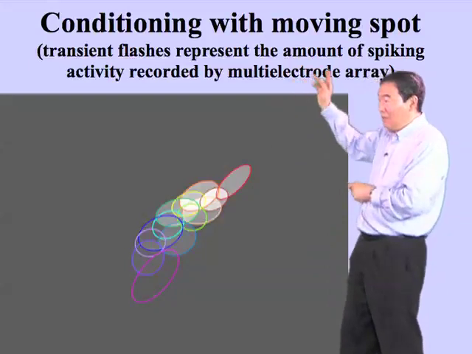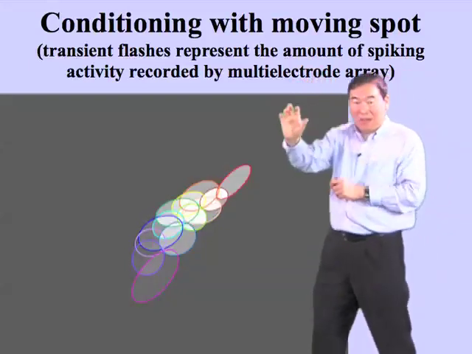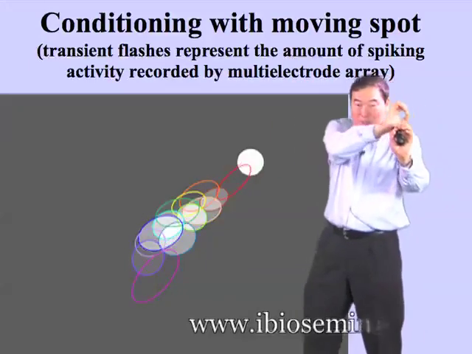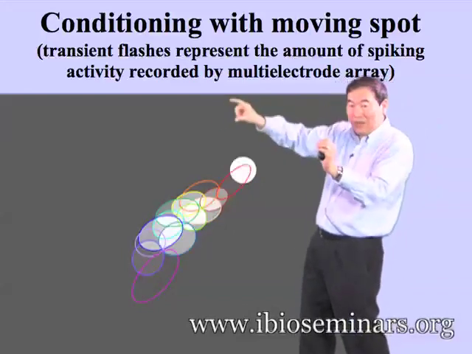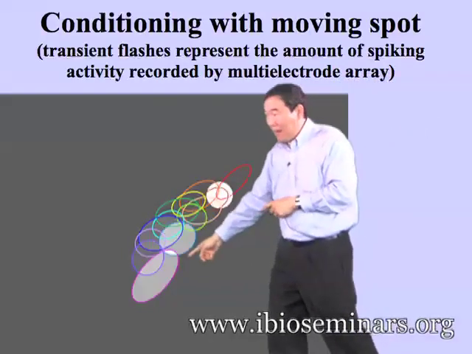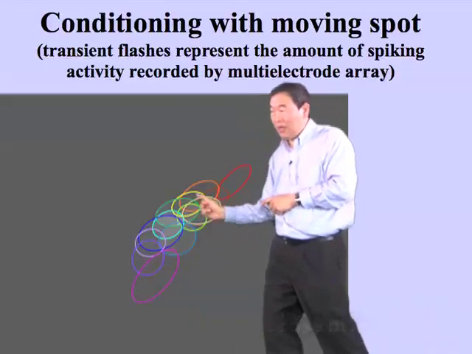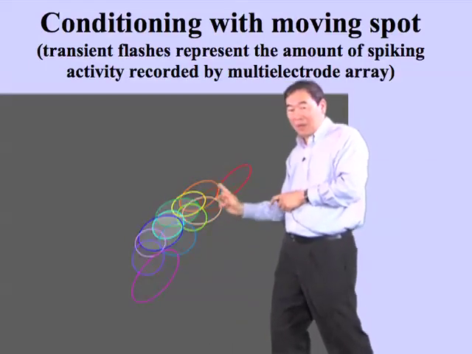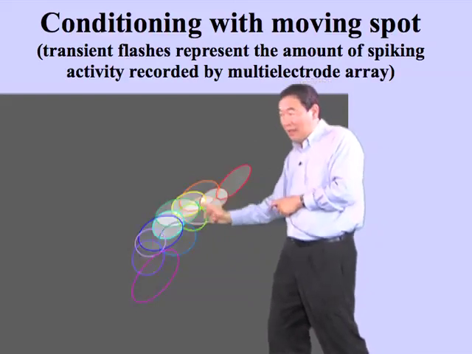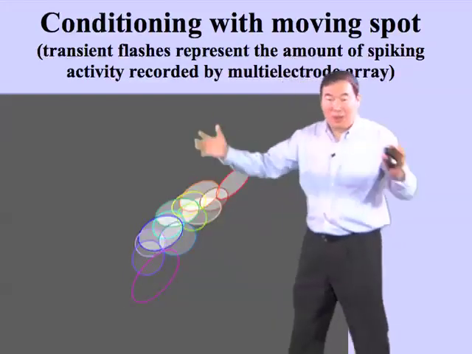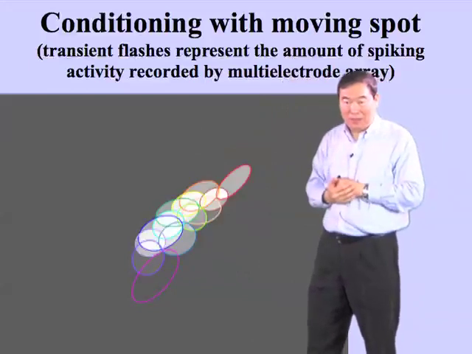This is the conditioning with a moving spot, right? Remember our Dunking experiment. We are moving the spot across to excite a series of cells. So the connection made by the cells that have receptive fields here to the other cells downstream will be strengthened, while the reverse connection will be weakened, according to our spike timing dependent plasticity.